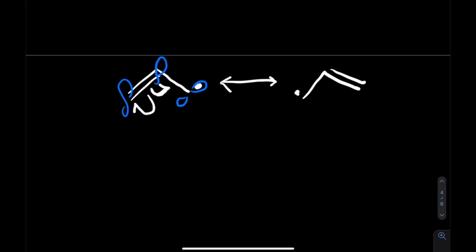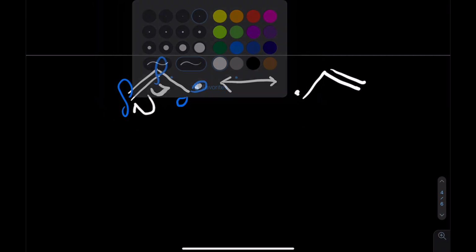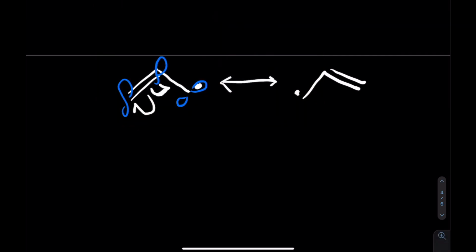Now, all these rules are basically the same for carbocations. Radicals and carbocations are pretty intimately related in all of these regards. So this is all about radicals. The only difference is that radicals use these little fish hooks, because with radicals you're always moving one electron around.